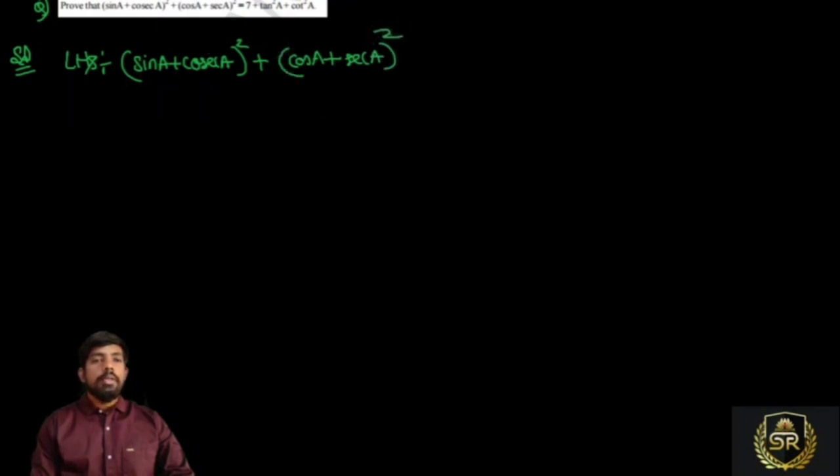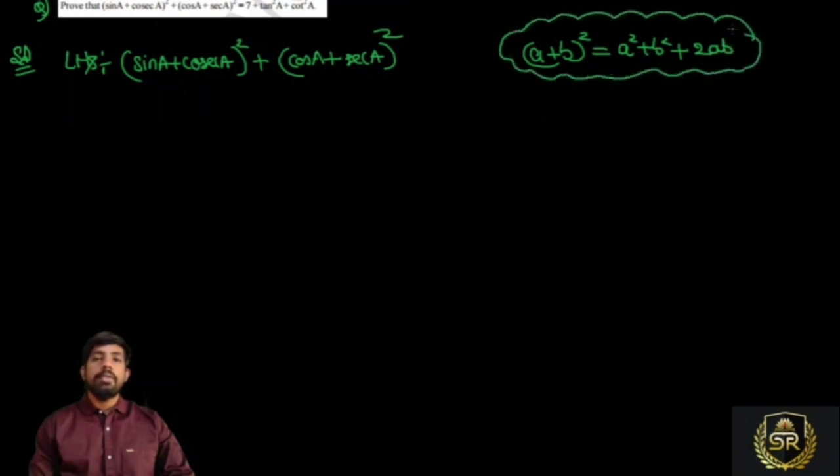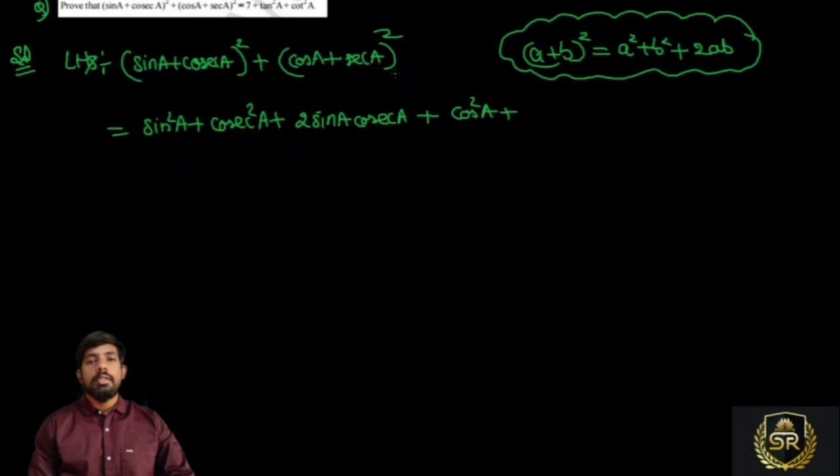So here apply a plus b whole square. We know the a plus b whole square formula is a square plus b square plus 2ab, right? Use this formula. So I am using here: sin square a plus cosecant square a plus 2 sin a into cosecant a, plus cos square a plus secant square a plus 2 cos a into secant a.